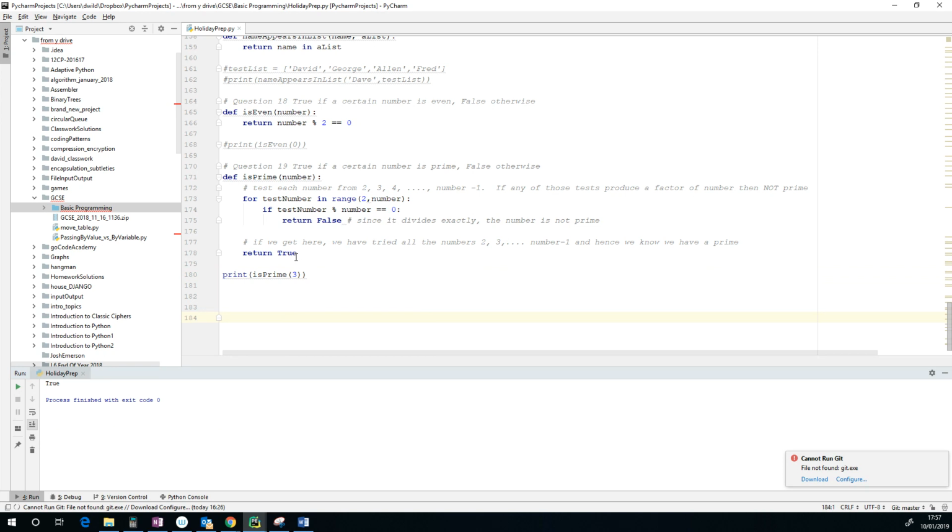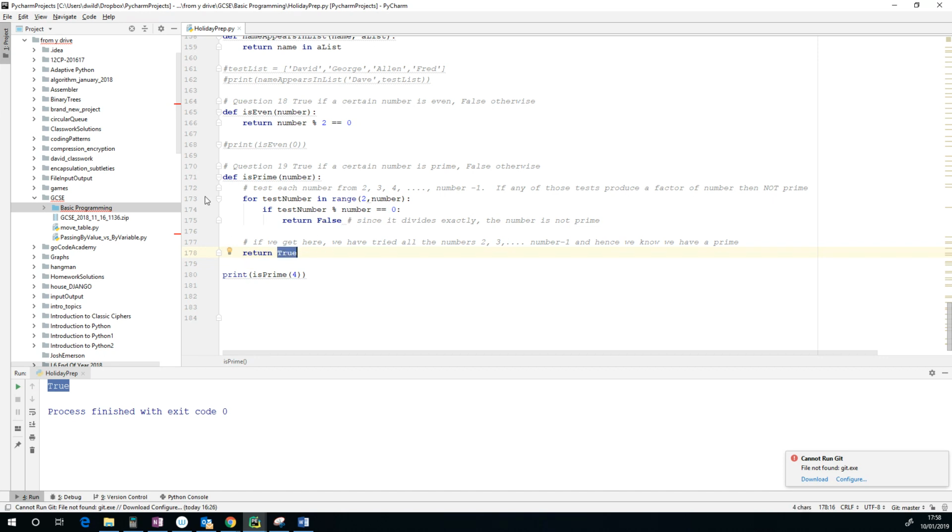We're expecting true. Yes. 4. 4 is prime? Oh, 4 is not a prime number. What's going on here? We are expecting false. So what's going on here?